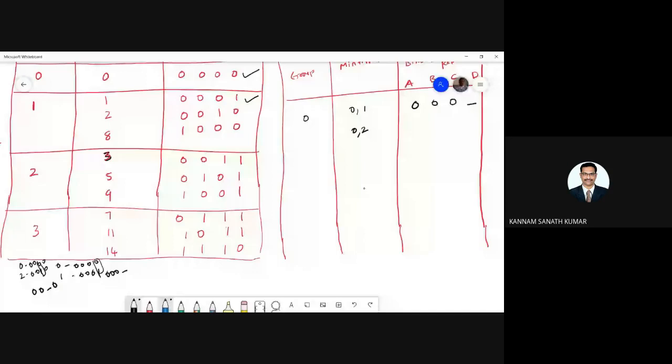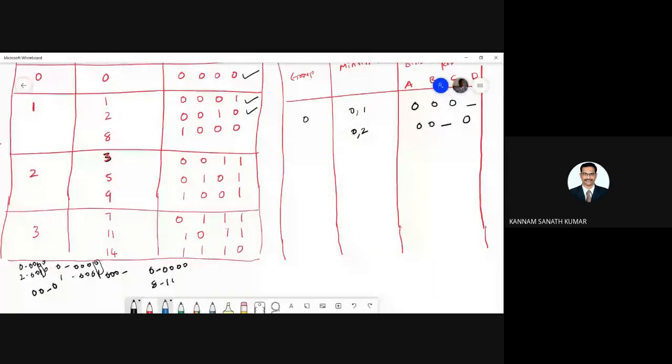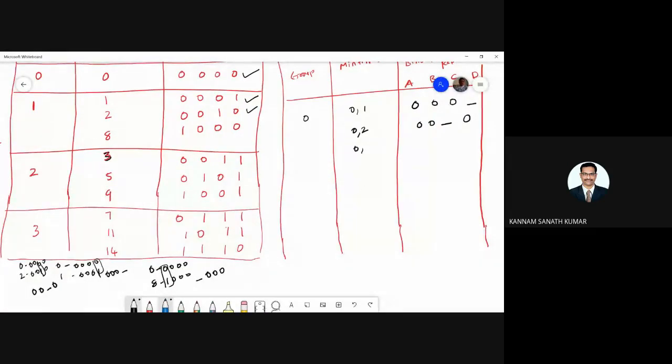Whatever the differing term is, that is represented as dash. Make a tick mark for 0 and 2, and next compare 0 and 8. 0 is 0 0 0 0 and 8 is 1 0 0 0. They differ by 1 bit, so you write dash 0 0 0. This is group 0, and 0 and 8 are checked.